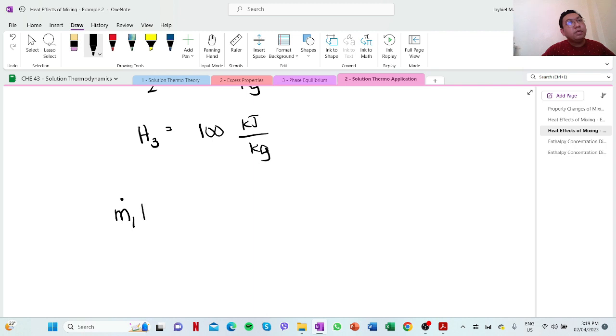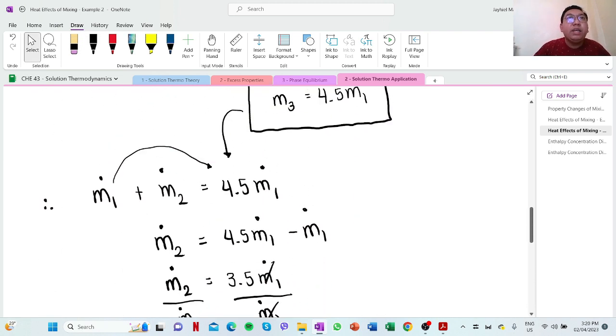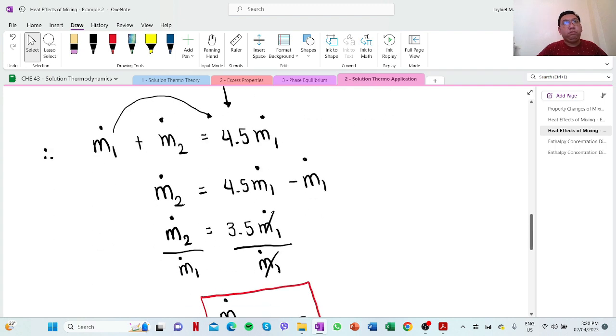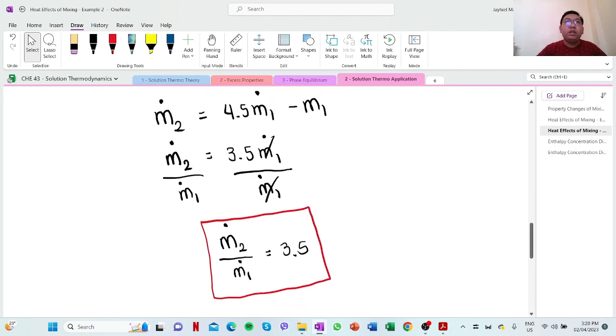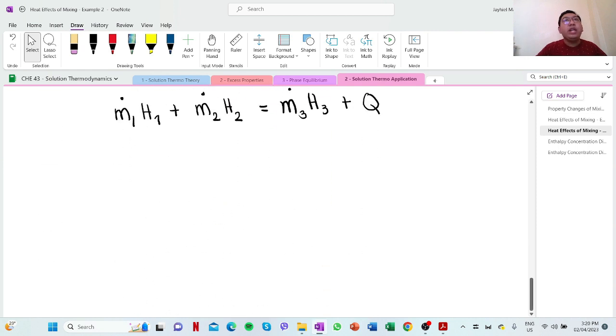So again, we just do the same thing that we did earlier. M1 times H1 plus M2 times H2 is equal to M3 dot H3 plus Q. I think I can solve this one. Based on M1, let's just use M1 data.